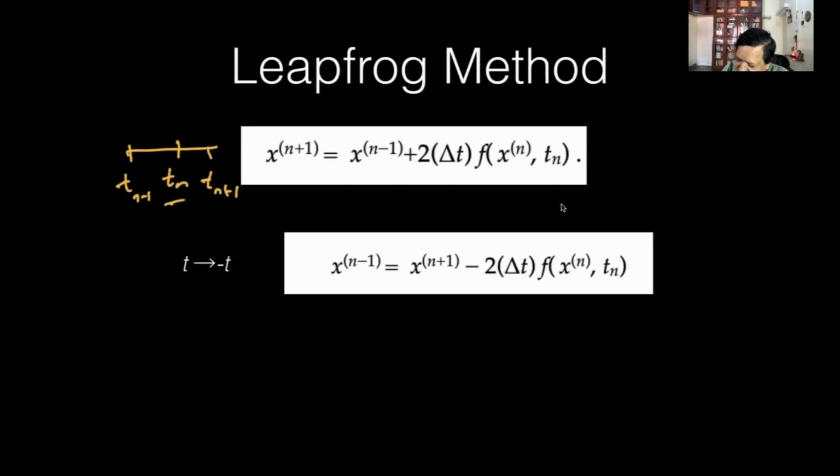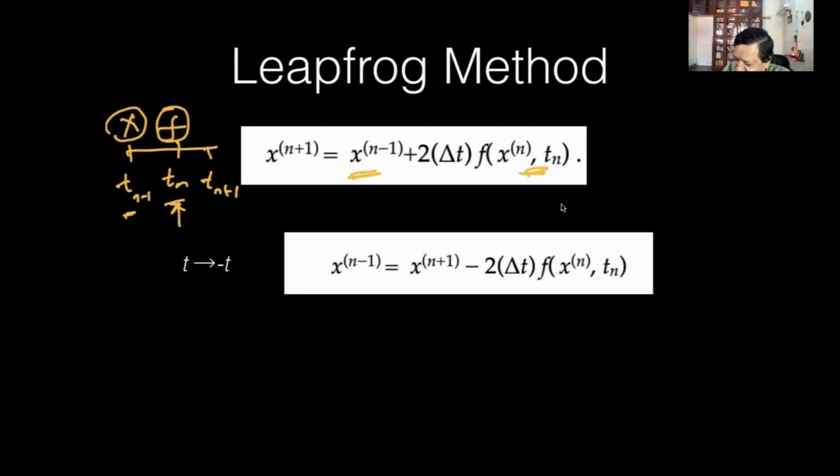That means I'm also using t_n. The value of the function is computed at t_n, and I use the state at t_{n-1}.